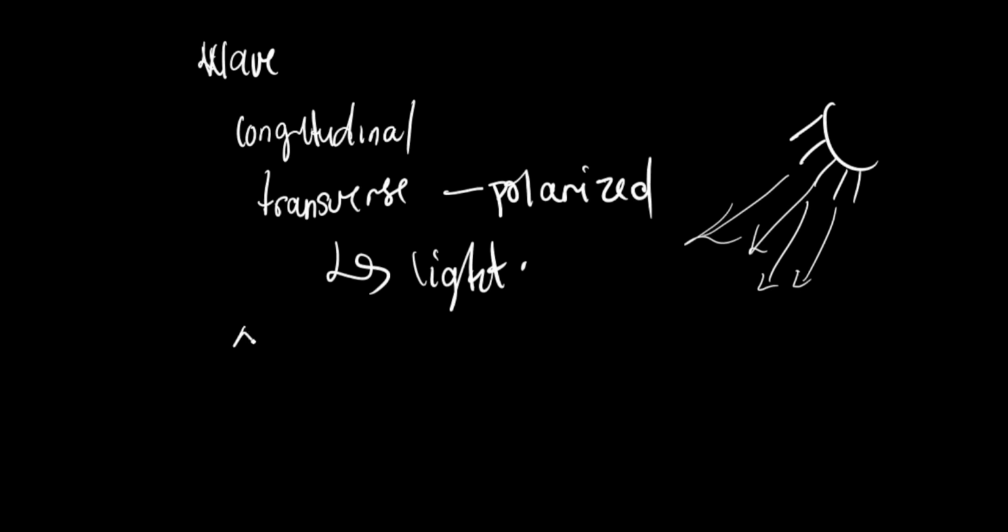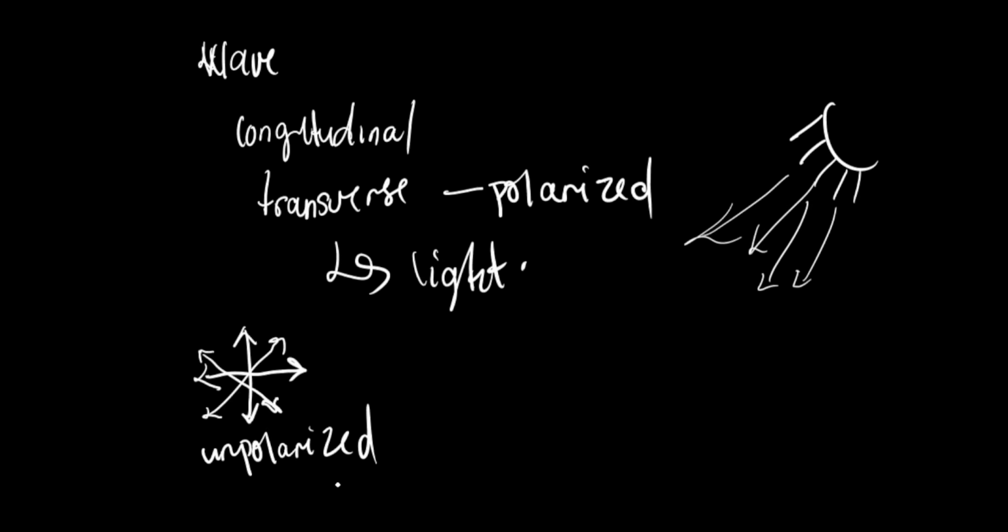So we have some rays oscillating vertically, some in the horizontal axis, and some at various angles and inclinations. They oscillate in different directions in space. This is unpolarized light.